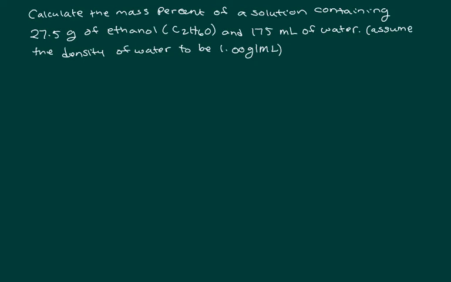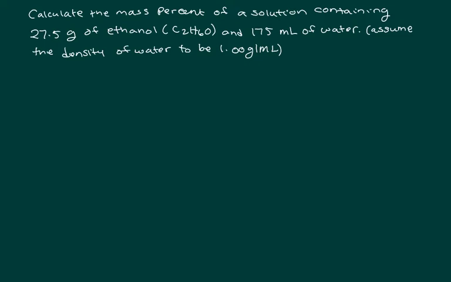Okay, the first example asks us to calculate the mass percent of a solution containing 27.5 grams of ethanol and 175 ml of water. We have to assume the density of water to be approximately 1 gram per ml.